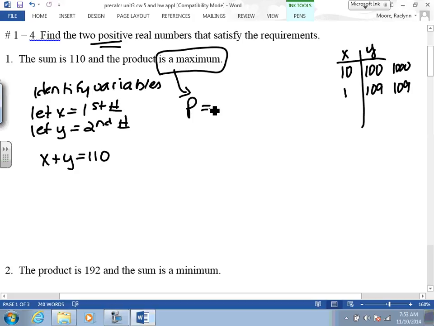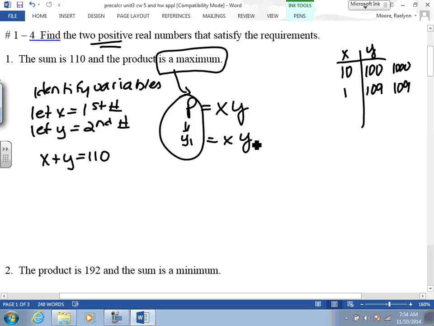How do I represent the product of these two variables? x times y. Now, this is the guy I want to graph. And this is going to be my y1. This is going to represent my product.